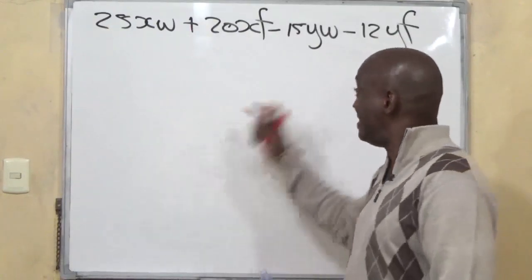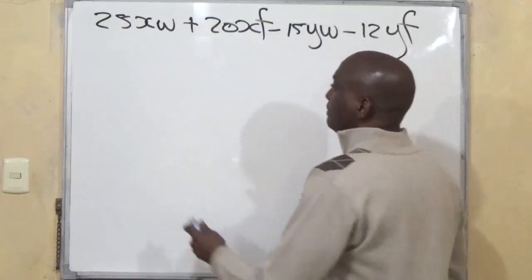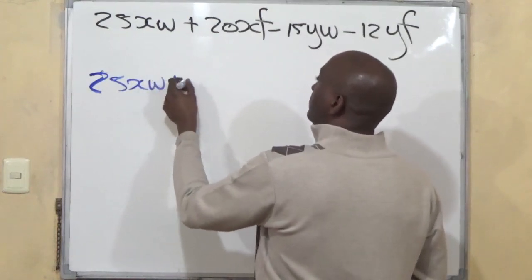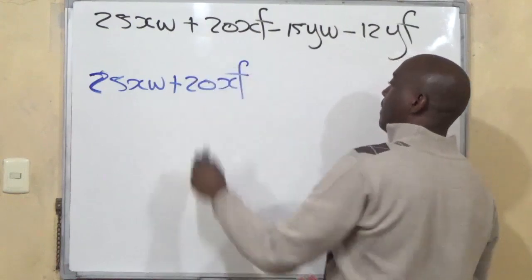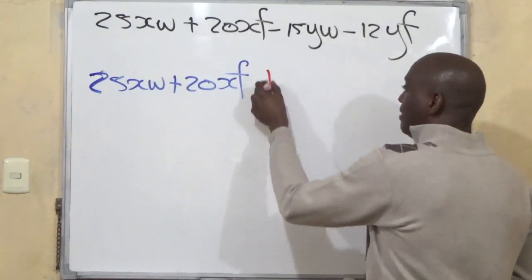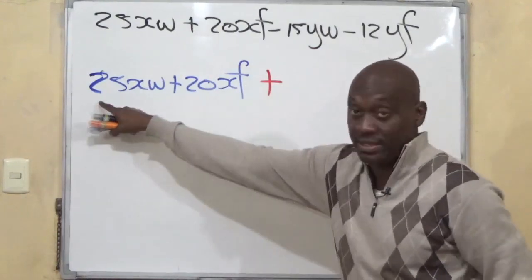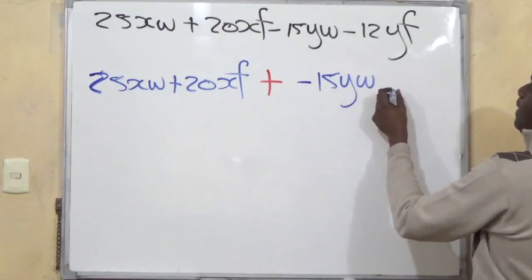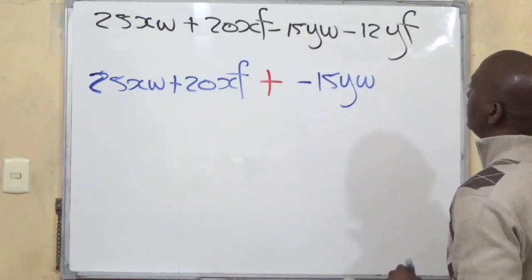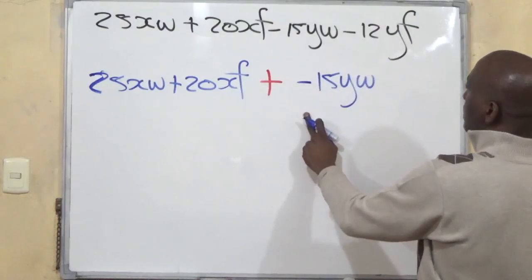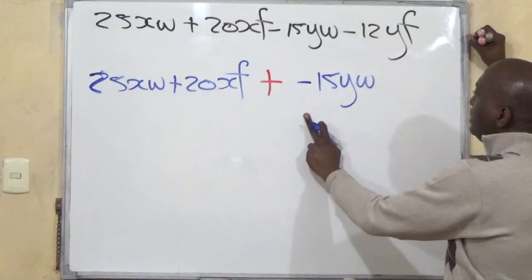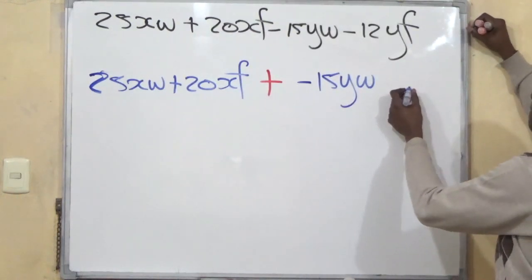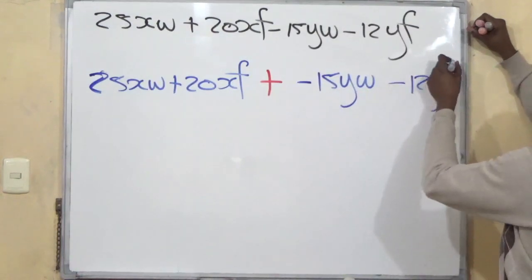This long expression is actually 25xw plus 20xf, and I'm going to put the plus sign by itself here to emphasize the point that it is this in blue plus this in blue, minus 15yw, which is plus minus 15, plus minus 12yf.